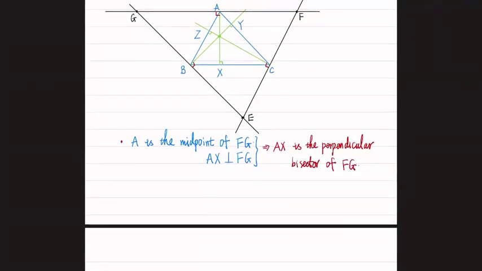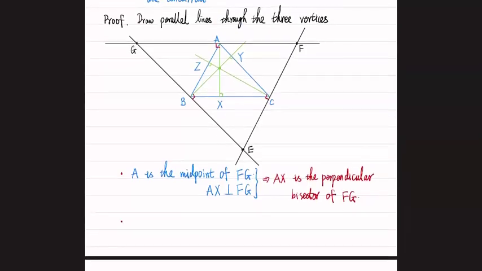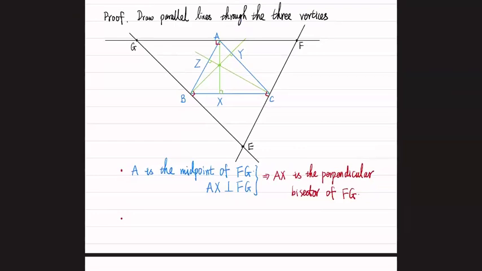Okay, next one. I claim BG equals AC. Also, BE equals AC.